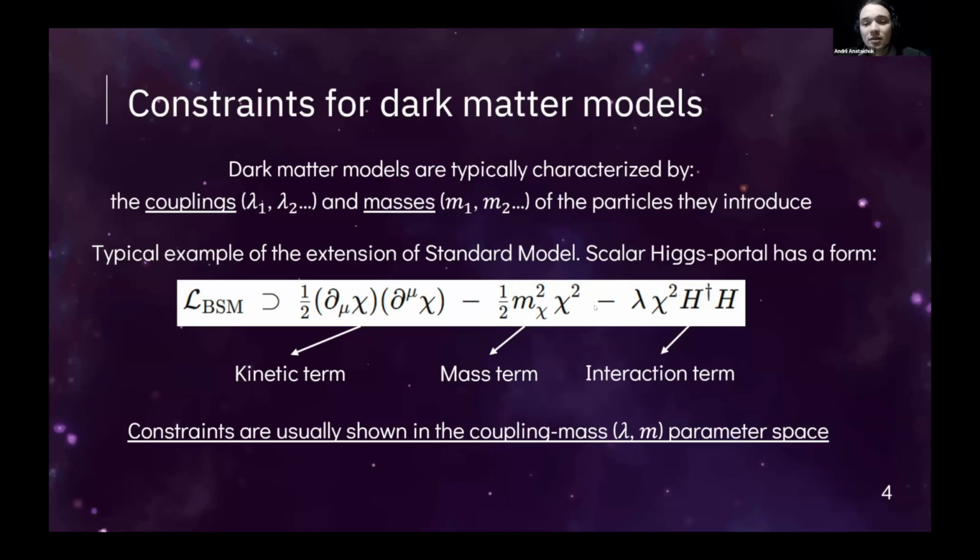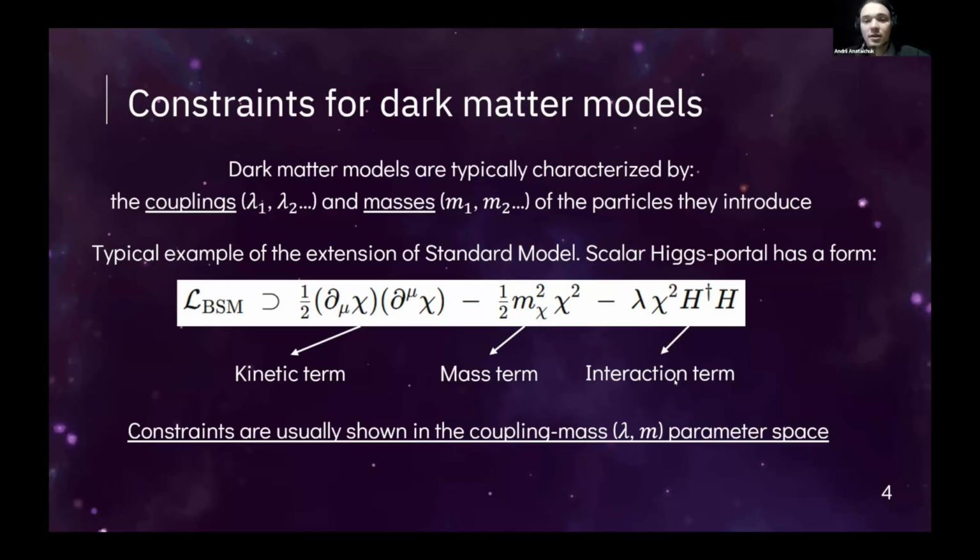For example, this is one of the many models: the scalar Higgs portal model. Here we add some scalar field that we call chi, this lambda corresponds to the coupling that we spoke about, and the mass is just the mass of this field. These are basically the two independent parameters in this model. In different models the result is different parameter sets; it can be more couplings or more masses, but generally this is it.